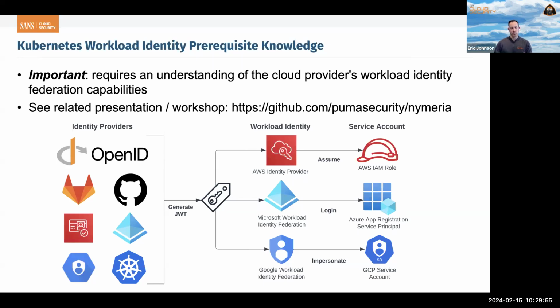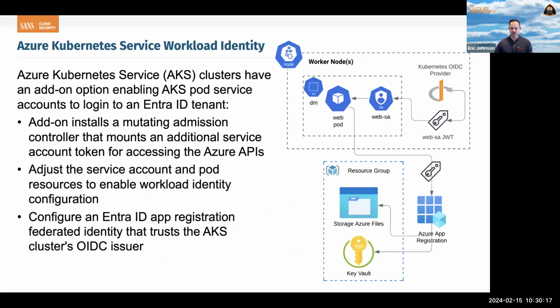So if this is new to you, go do that workshop and listen to that YouTube session, and you'll understand how to set up all of these different cloud workload federation resources so we can consume the token that's being created by our Kubernetes cluster. With that prerequisite knowledge, it becomes very simple to start turning on workload identity to integrate your cluster with a given cloud provider.